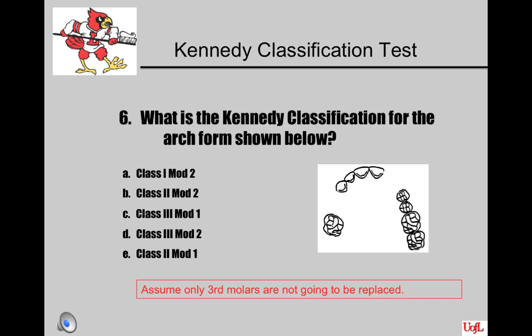Always read the fine print. We are not replacing third molars, but that doesn't mean we aren't replacing a second molar, so it is considered in the classification. Therefore, we have a unilaterally edentulous area posterior to the remaining natural teeth and two other edentulous areas. Therefore, we have a Kennedy Class 2, Mod 2.